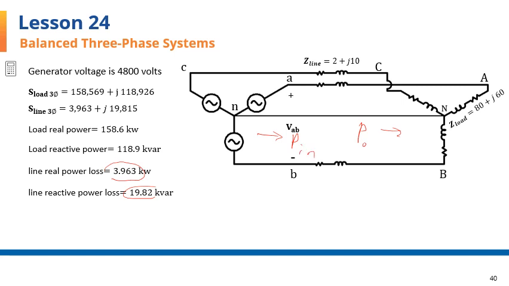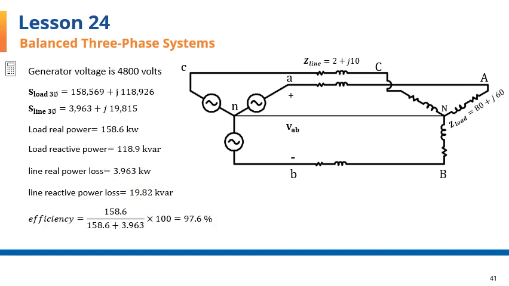The ratio times 100 gives us the efficiency, and here it is, equals the load power, which I took for the three-phase, divided by the power that the generator has generated, or the power in. This is power out, and this is power in.